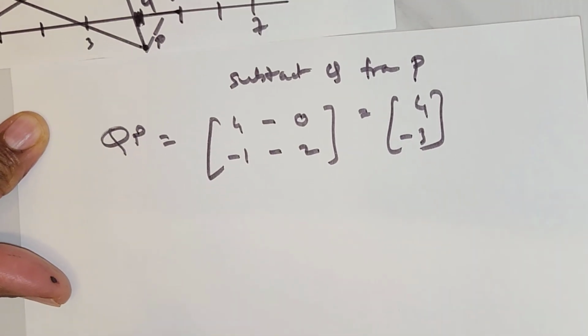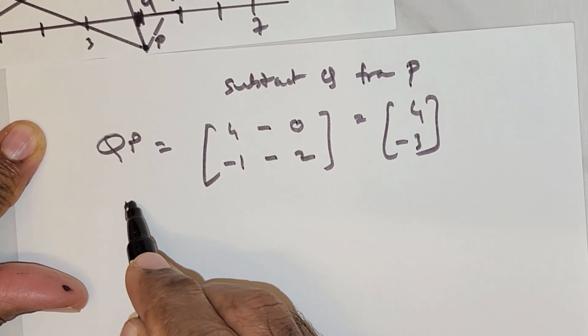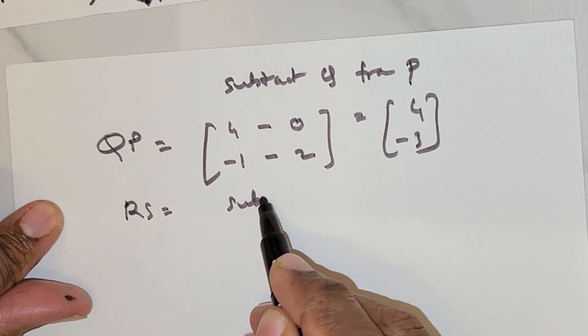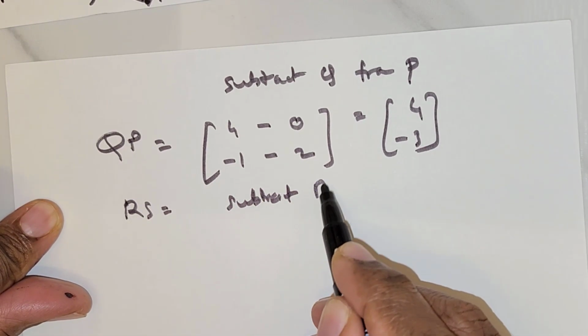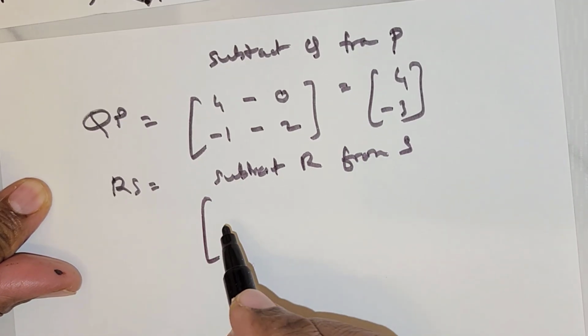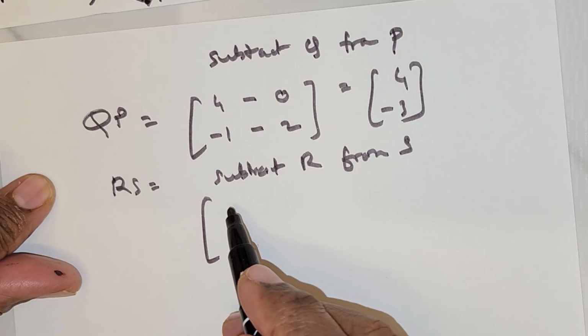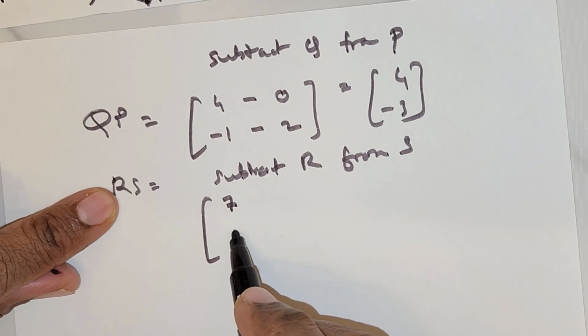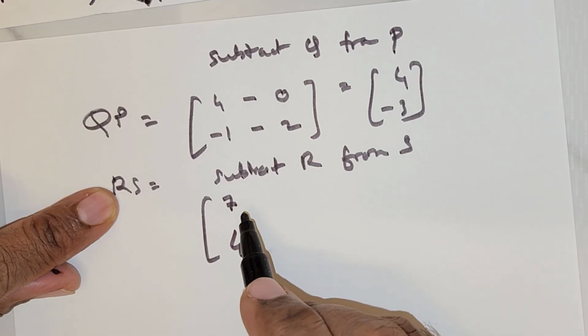Okay, so now RS, so what do we do? We subtract R from S. So what is my S? My S is 7, 4. So 7 and 4, and what is my R?